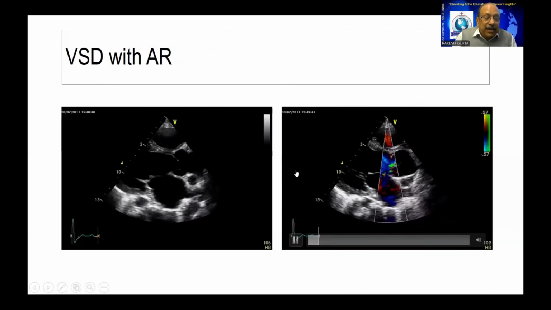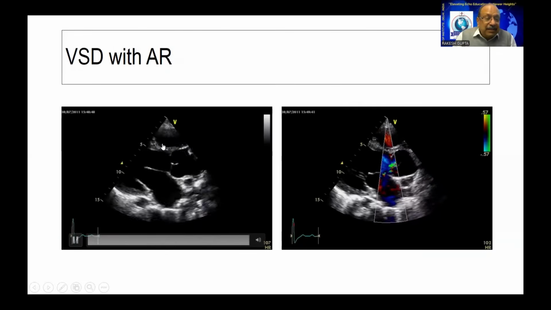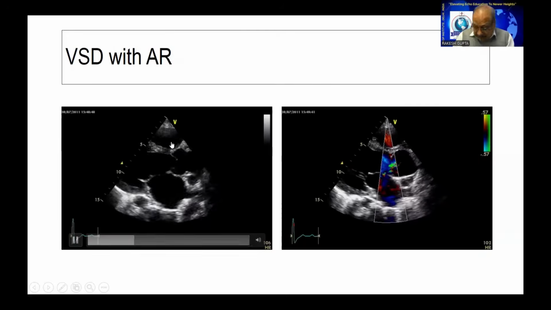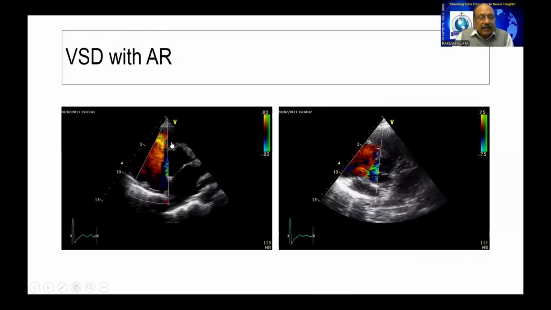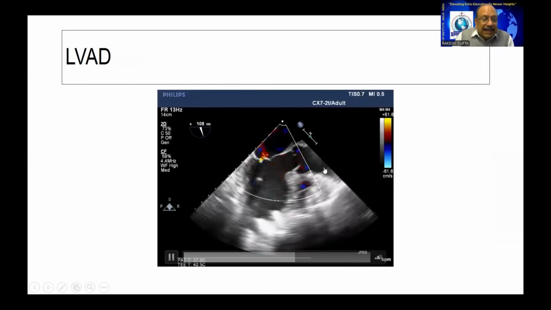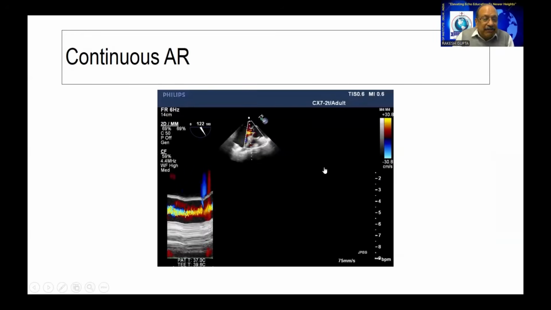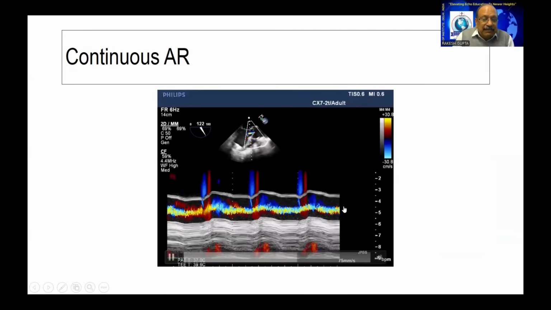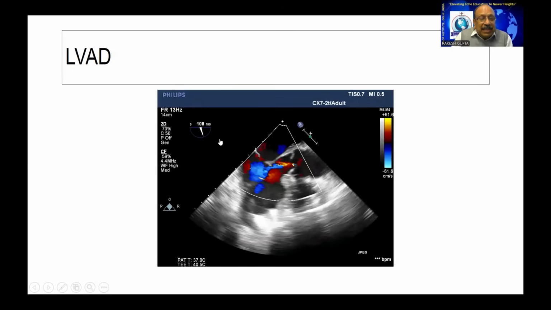So here we are not doing anything for AR. We are just closing the VSD. This is what is exactly happening. If you look carefully, I'll just freeze this film for you. Look, the AR is continuous, systole and diastole, systole and diastole. This is iatrogenic AR. And why is this iatrogenic AR?